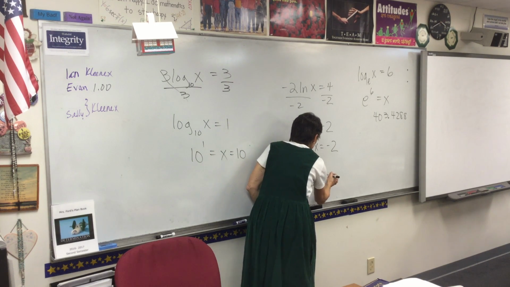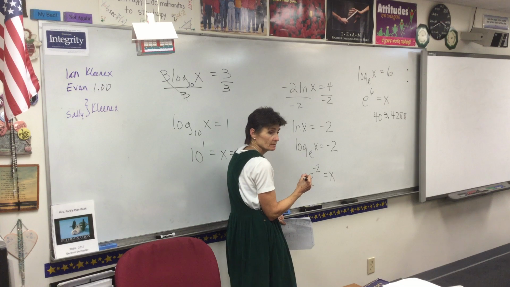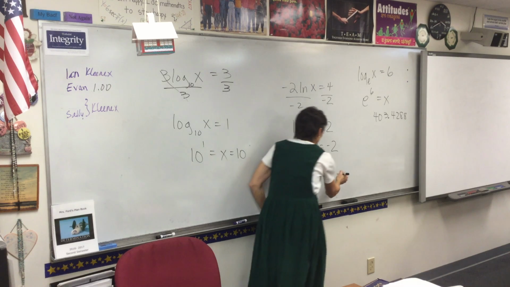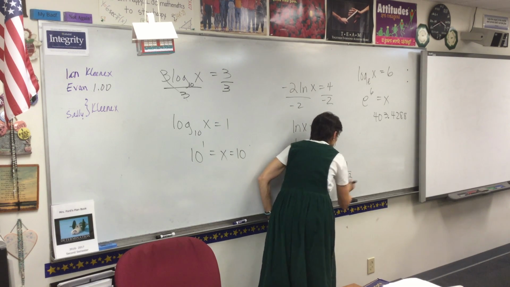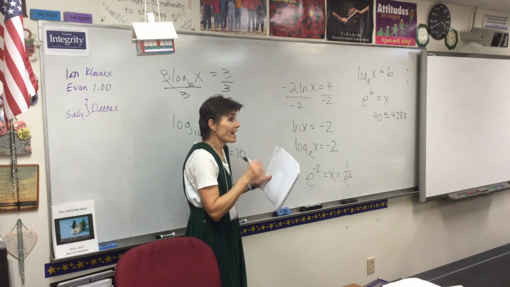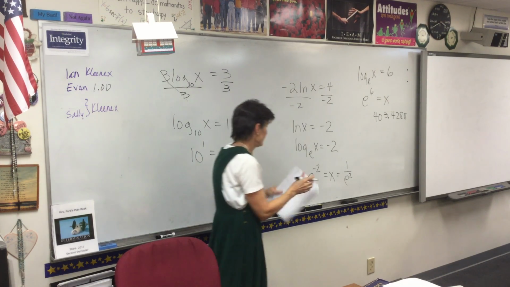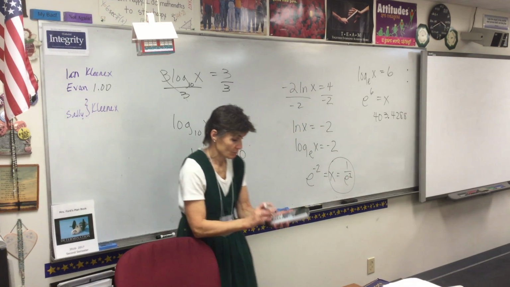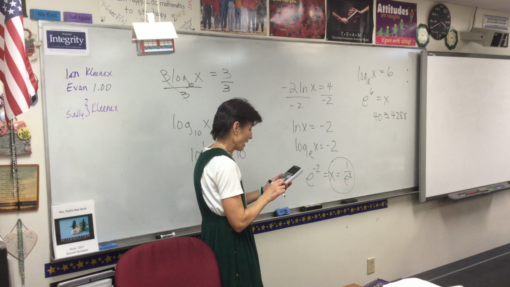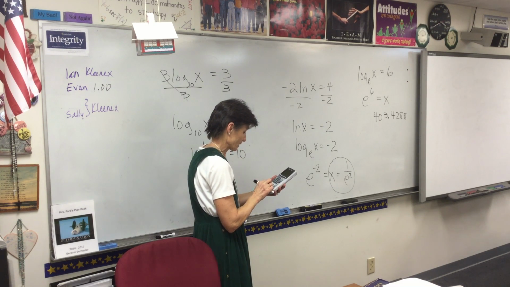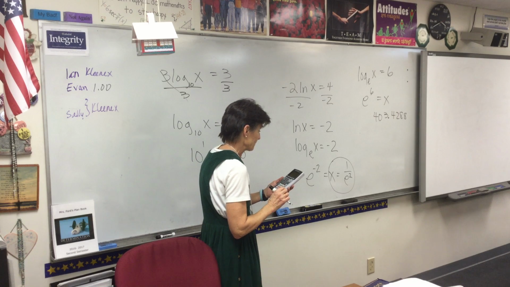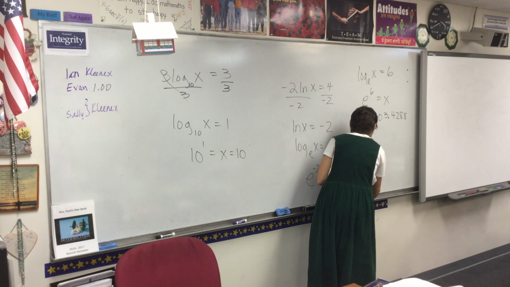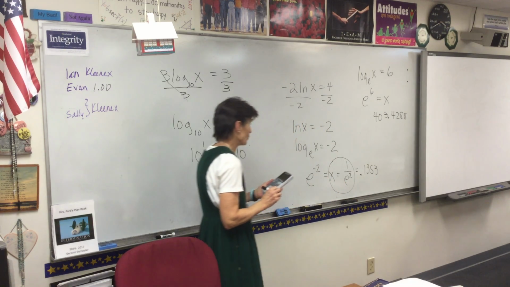E to the -2 equals x. What's e to the -2 mean? 1 over e squared. So on a no calculator exercise, this is the answer. You are finished. If it's a calculator exercise, then we can figure out what that is. 0.1353. That's exactly right. Would that not be over 1? No. That is just it.